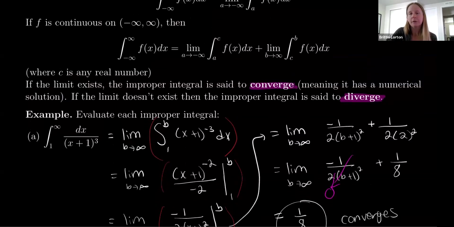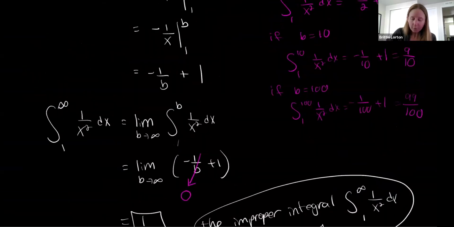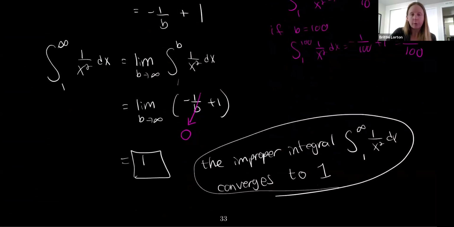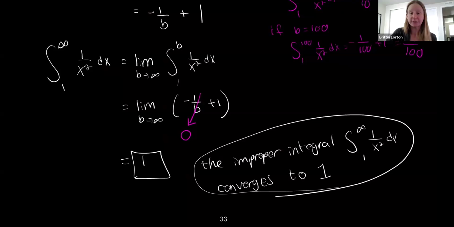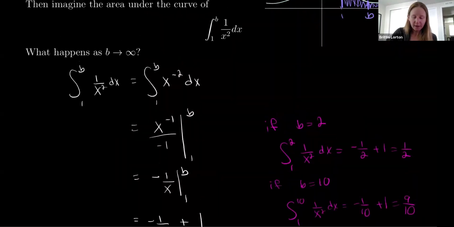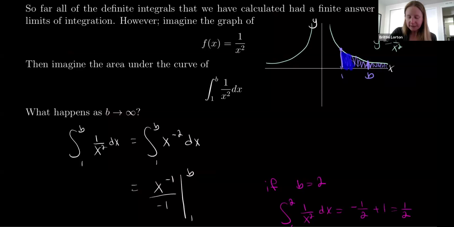I want to scroll back up and look at the previous picture. What we did in that previous problem where we had that the integral converges to 1, we saw this picture, this infinite object. It really did go on and on forever. It never ended, has an area of 1, which I think is really interesting. Now, does it ever reach that area at the end?